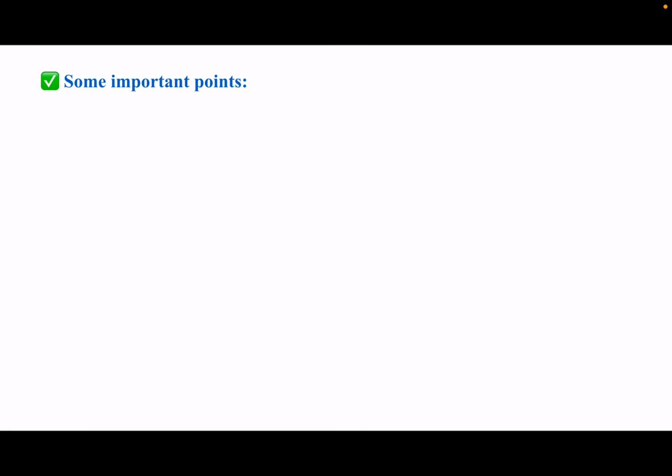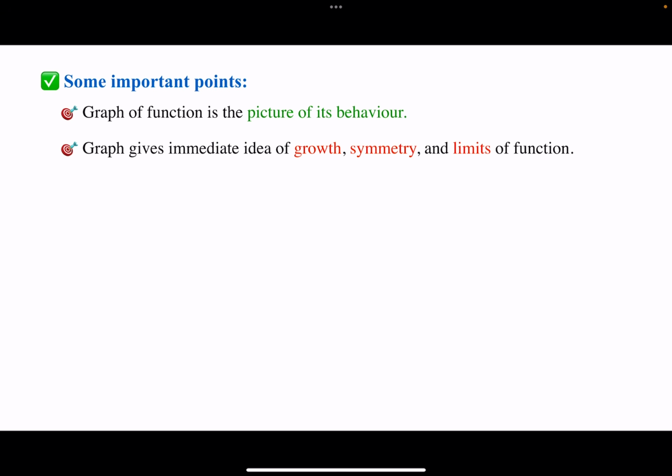Some important points about graphs are: the graph of a function is the picture of its behavior. A graph gives an immediate idea about growth. Growth means whether the function is increasing, decreasing, or constant.